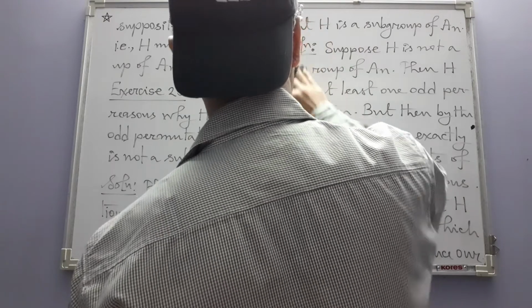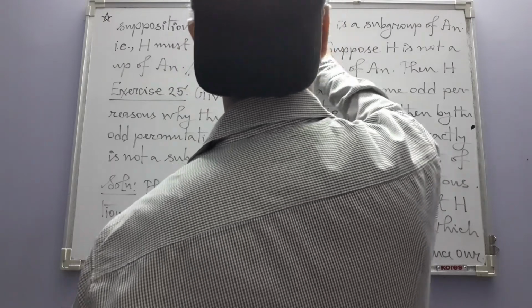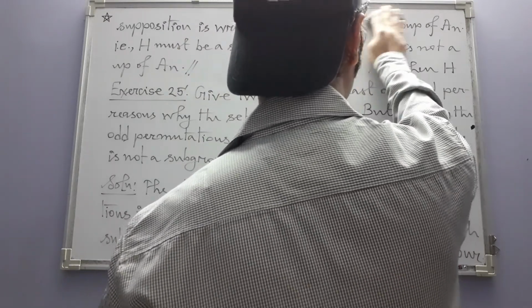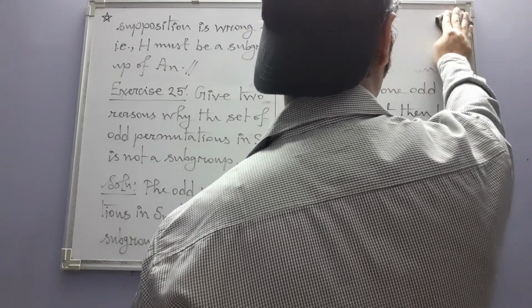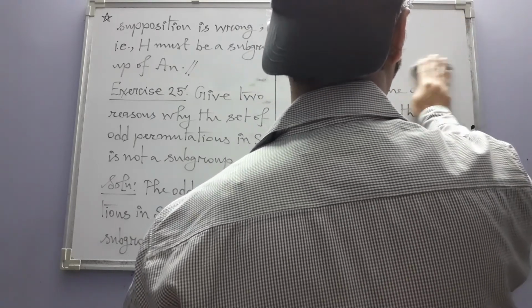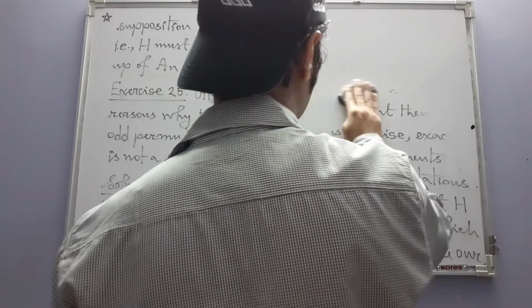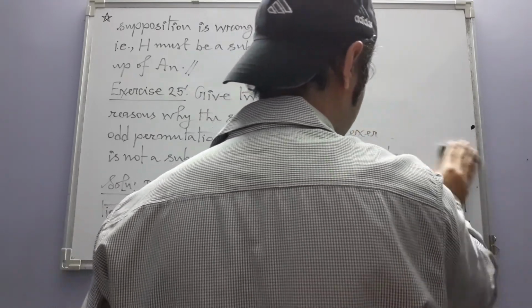I mean, it is as not closed as possible. You take any two odd permutations, their product is not in the set of odd permutations. Their product is always even.